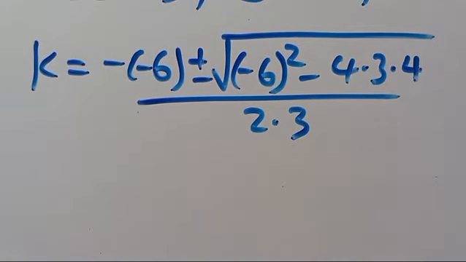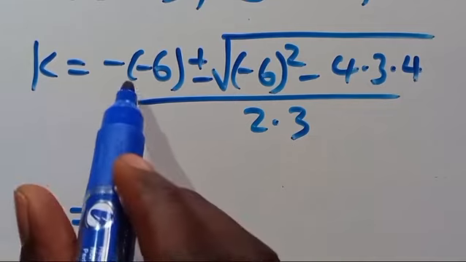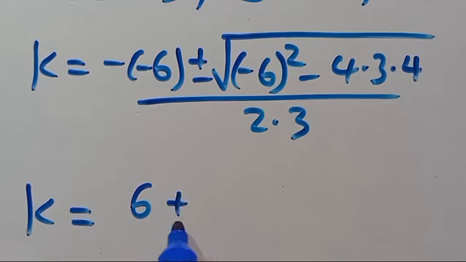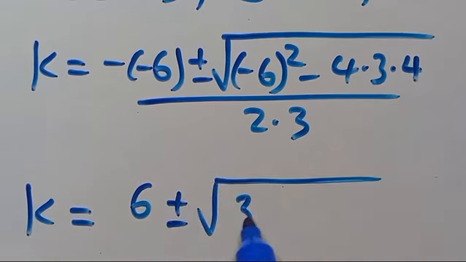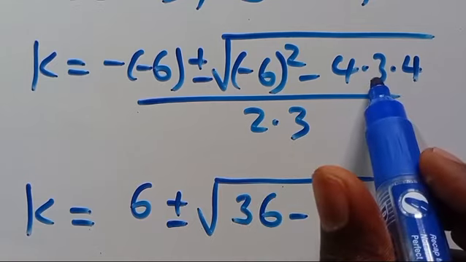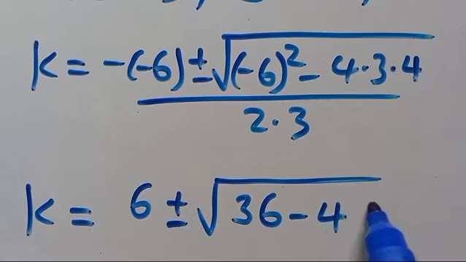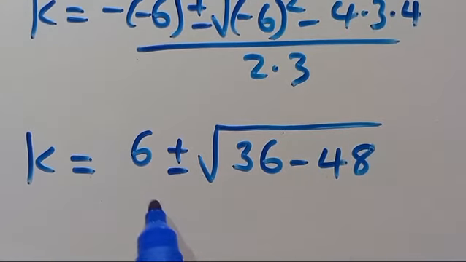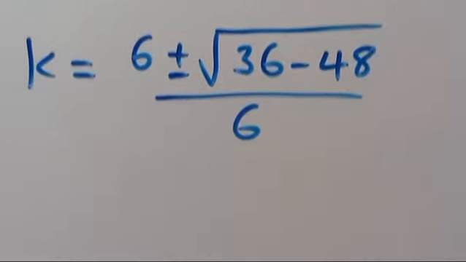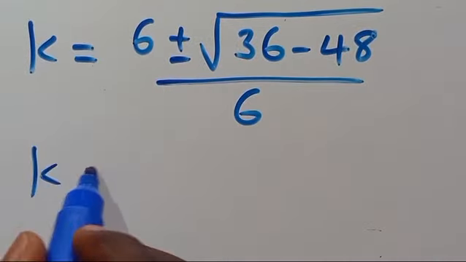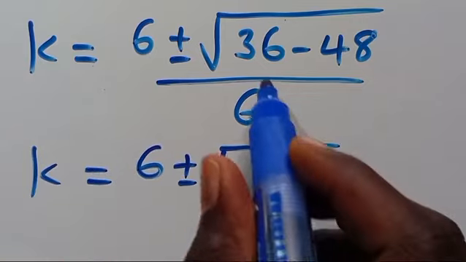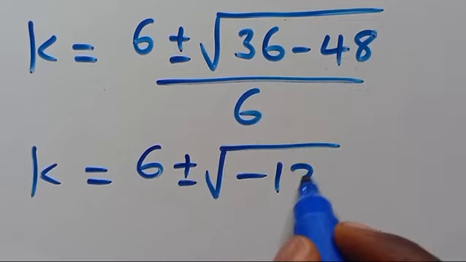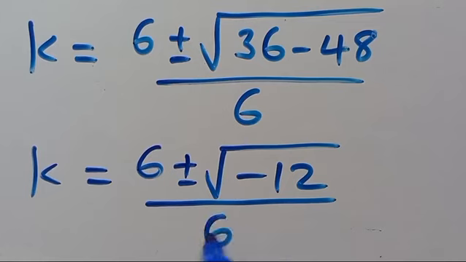So k equals 6, positive or negative, root of 36 minus 4 times 3, 12, times 4 is 48, divided by 6. So k equals 6, positive or negative, root of 36 minus 48, which gives us −12, divided by 6.